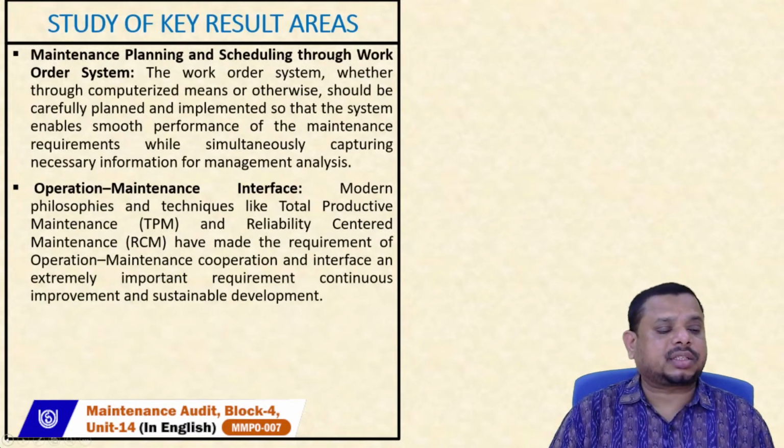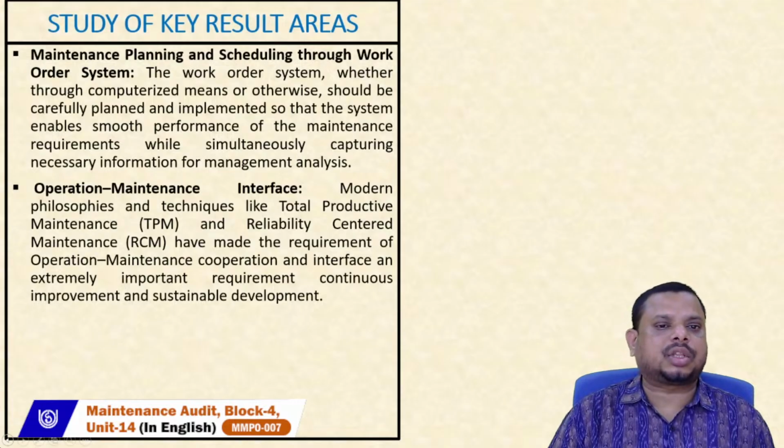The next key area is maintenance planning and scheduling through the work order system. Whether the work order system is computerized or otherwise, it should be carefully planned and implemented so that it enables smooth performance of maintenance requirements while simultaneously capturing the necessary information for management analysis.